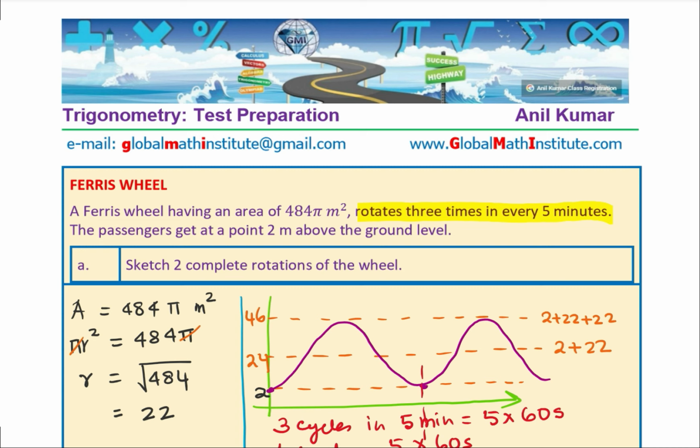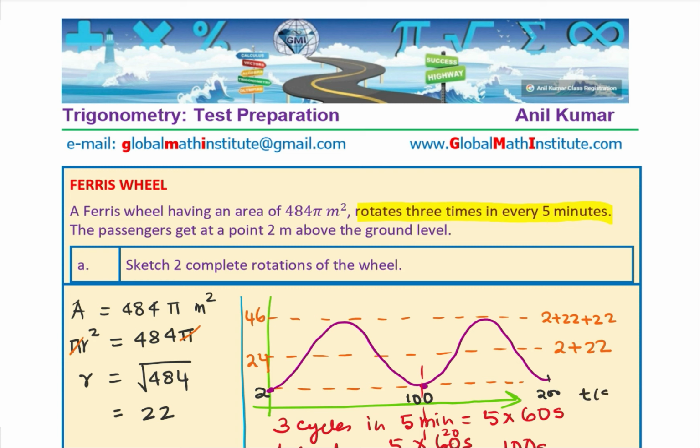Make sense? So when you divide, this goes 20 times, so it is 100 seconds. So the cycle takes 100 seconds. So this point here is 100, and that will be 200.